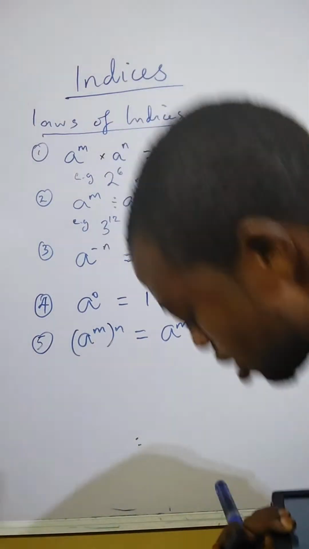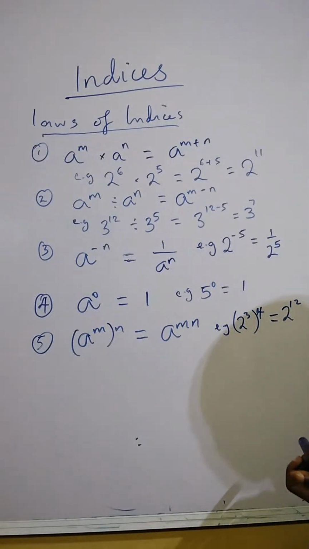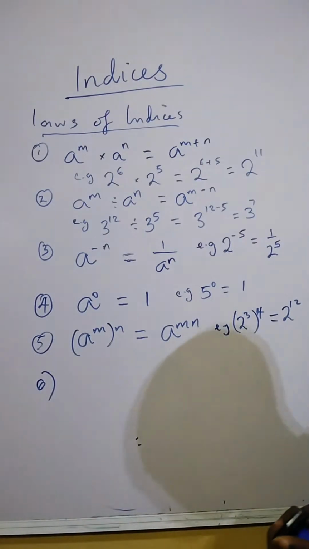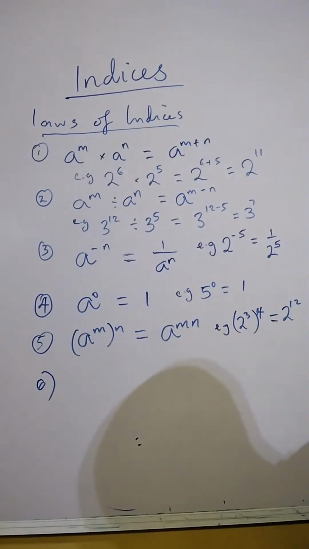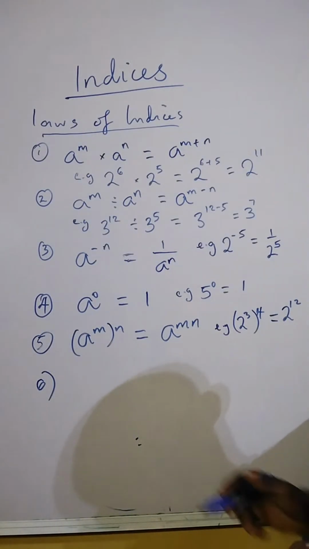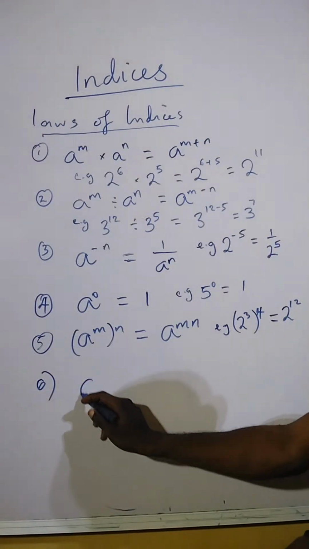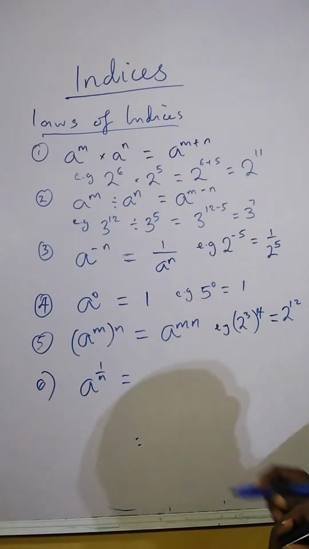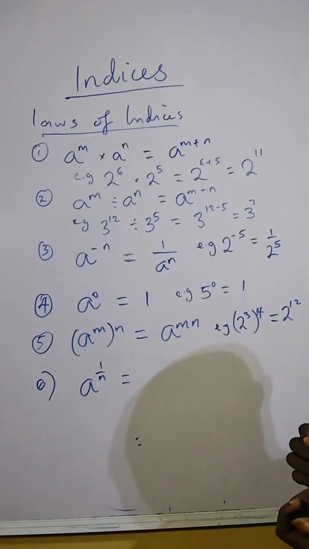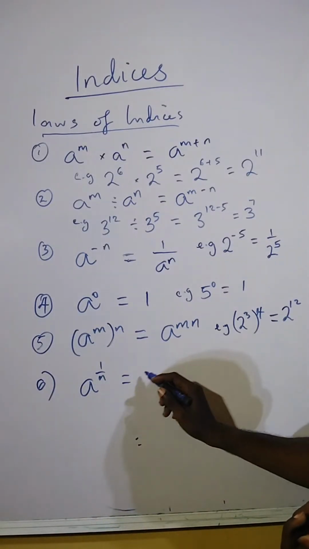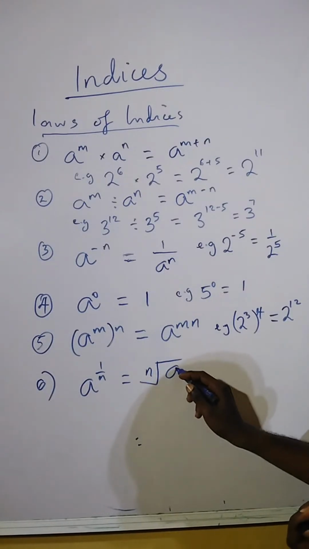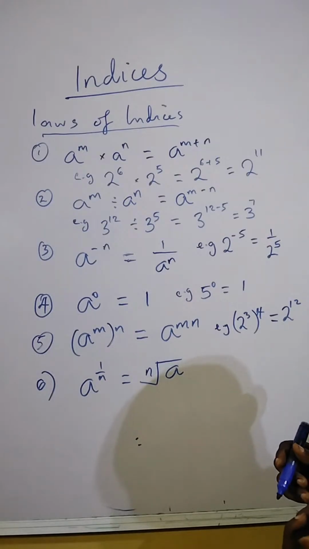Okay, so we look at number 6. From here we have what is called fractional index. A raised to power 1 over n. This is fractional index, and generally we write it as the nth root of a.